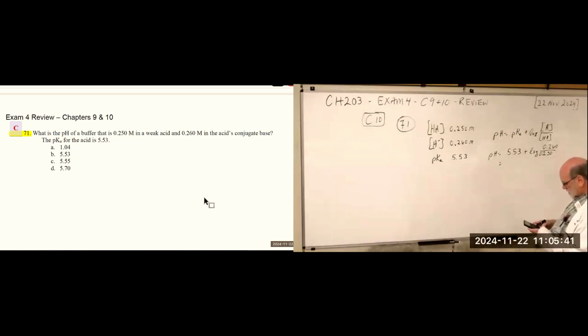So let's do this one first. 0.26 divided by 0.25 is 1.04, and then take the log of it. So that's 1.703 times 10 to the minus 2.